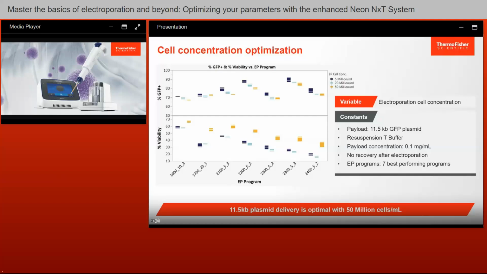However, in terms of cell viability, 50 million cells per ml exhibited significantly better performance compared to other concentrations across all 7 programs. Based on these findings, we have identified 50 million cells per ml as the optimal cell concentration for the further optimization of electroporation conditions in the transfection of 11 kb plasmid into Jacquelyn cells.